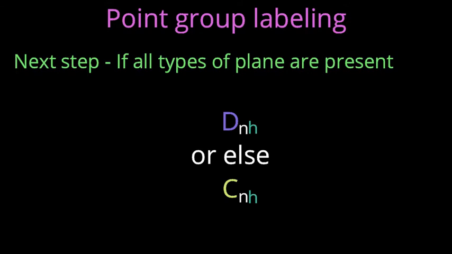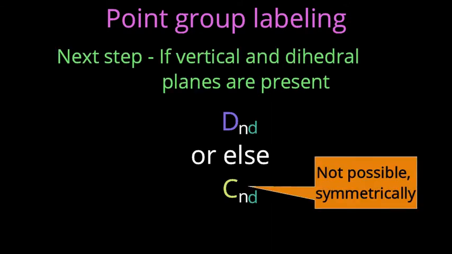But suppose horizontal plane is not there. Only two planes are there, vertical and dihedral. Then who has a priority? Dihedral has the priority. So there we will represent it as Cnd, which is not possible but understand, and other Dnd.